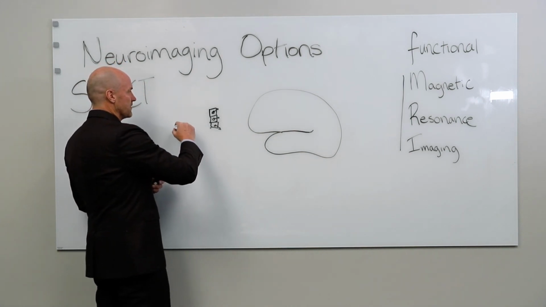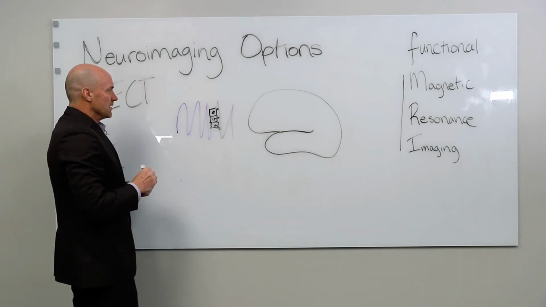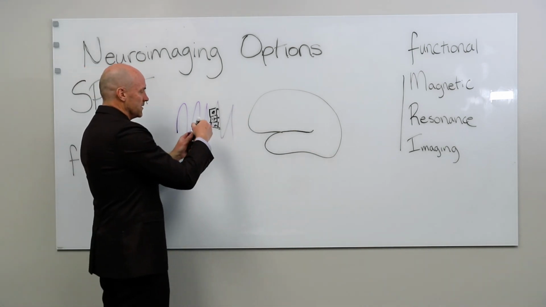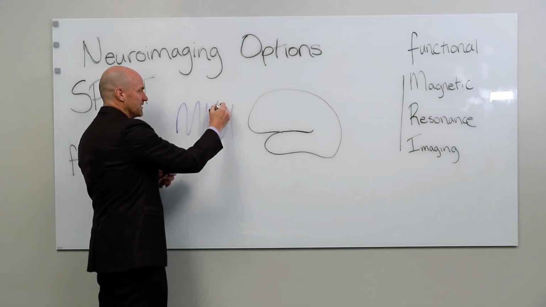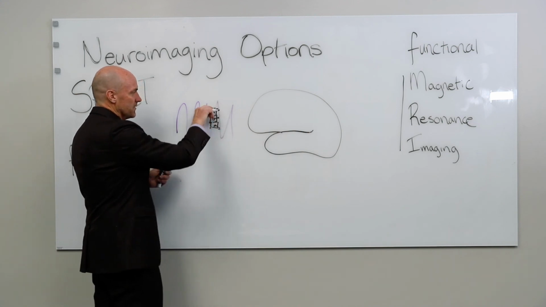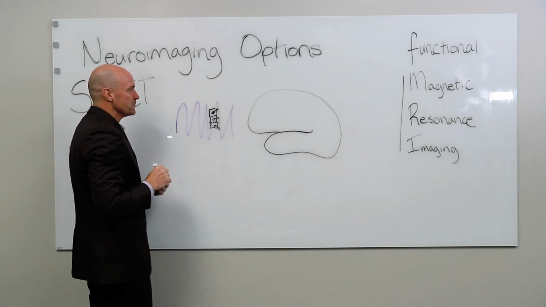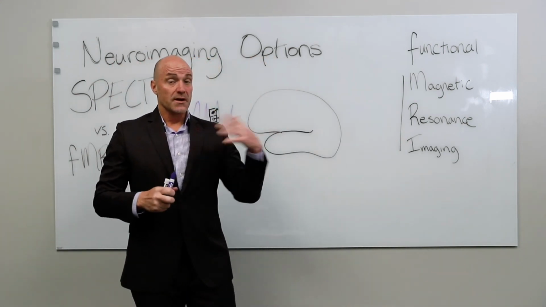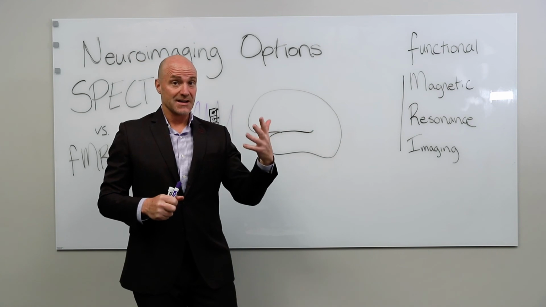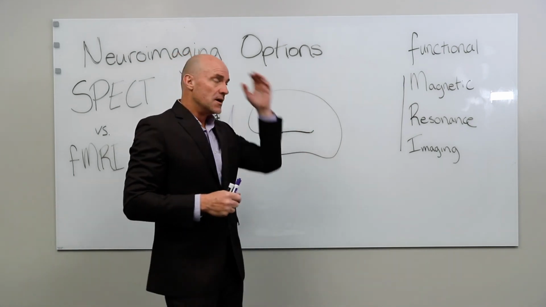Okay, so then you send a radio wave through that tissue, and the radio wave will be either amplified or de-amplified depending on how the magnetic field is behaving in that tissue. The resonance part is that the radio wave resonates with the magnetic field, and it can boost it or not boost it.